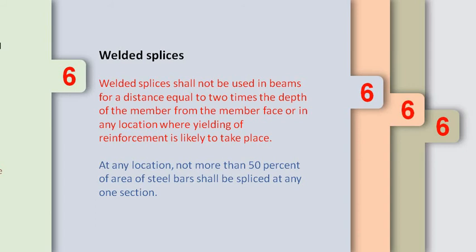Welded splices shall not be used in beams for a distance equal to 2 times the width of the member from the member face, or in any location where yielding of reinforcement is likely to take place. At any set location, not more than 50% of the area of steel shall be spliced at any one section.